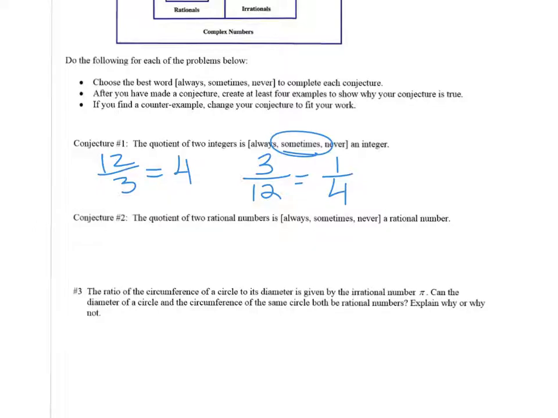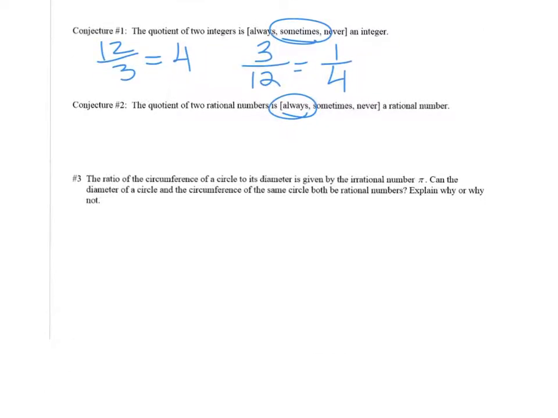The quotient of two rationals is always a rational number. Okay, so for number 3, we're going to use the answer to 2. The ratio of the circumference divided by the diameter in a circle is pi. Can the diameter and the circumference both be rational? The answer is no. Look at what we said here, because this is saying these two rationals divide to an irrational.